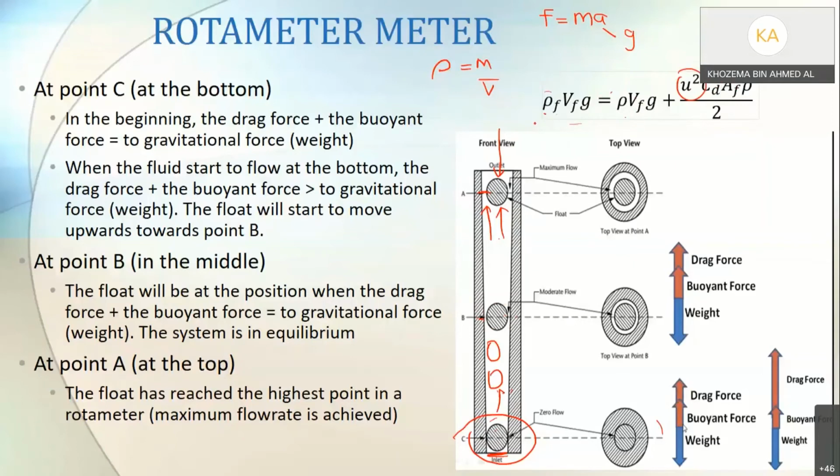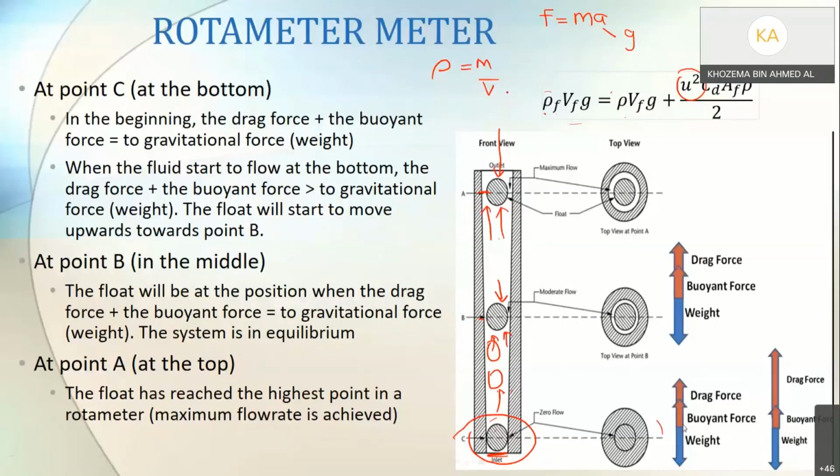Remember, initially you did not have this condition, but after a while, the float will be at the position where the drag force plus buoyancy force is equal to the gravitational force again. This system is said to be in equilibrium, meaning that the force acting downwards is equal to the force acting upwards. And then it will move to point A. The float has reached the highest point in the rotameter, so maximum flow rate is achieved.